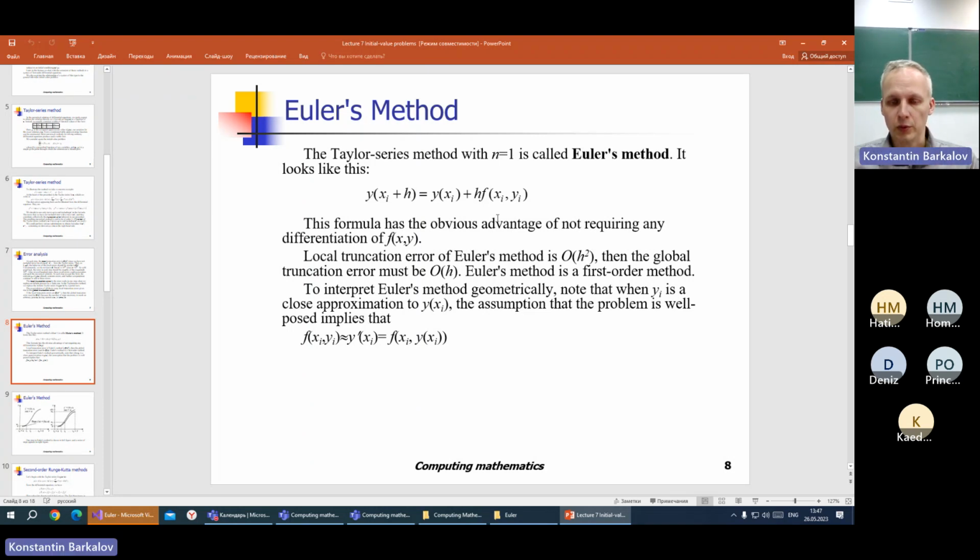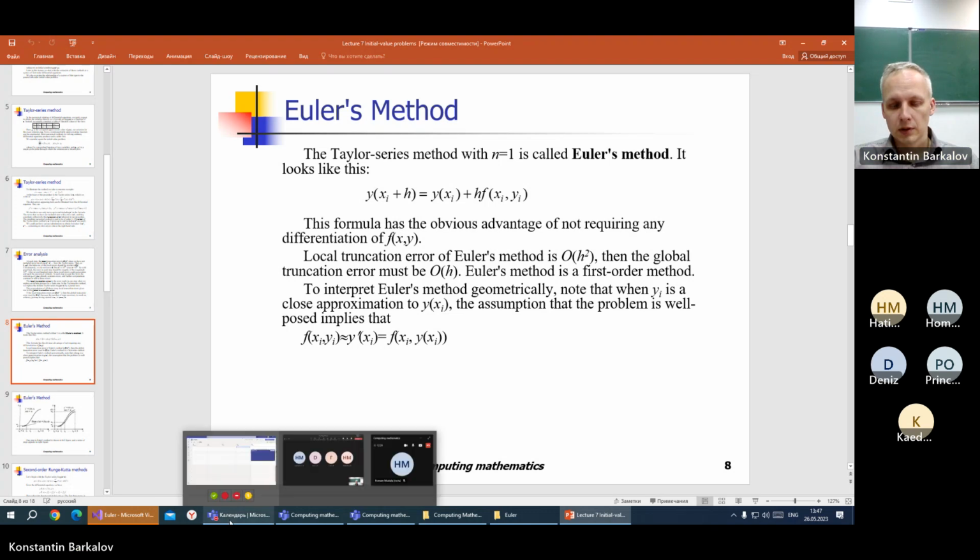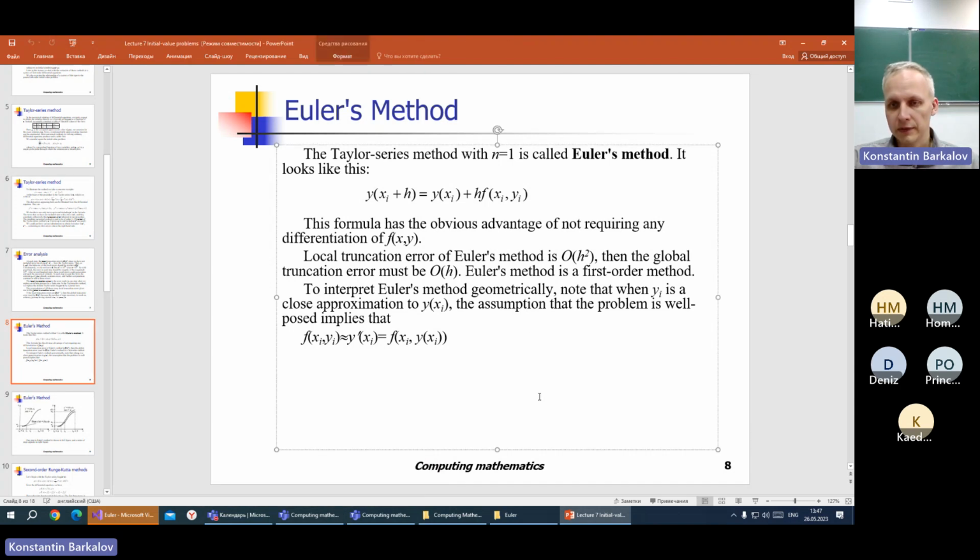We can apply this formula several times and compute the approximate values of y of xi in several points. I showed you several examples in the previous lesson of how we can compute several points numerically using pen and paper. But in this lesson, I want to show you how we can implement this method on a computer using C++ in Visual Studio.